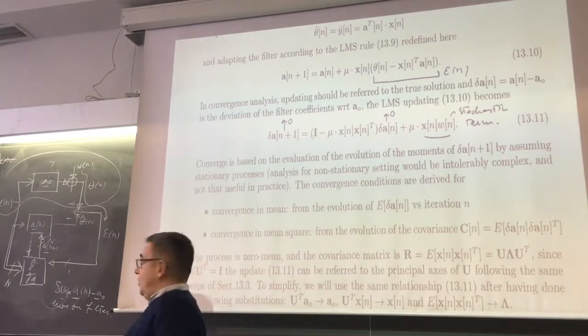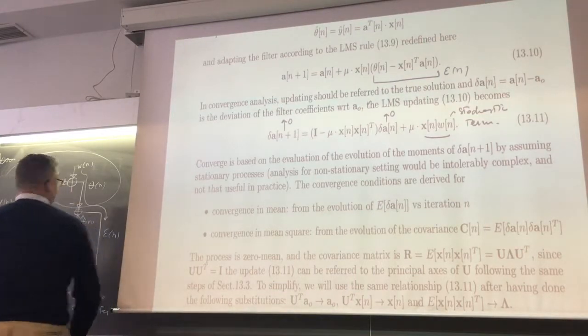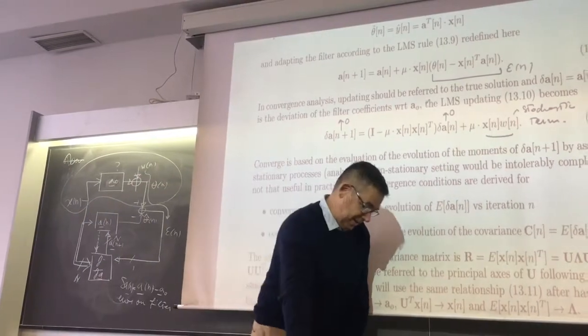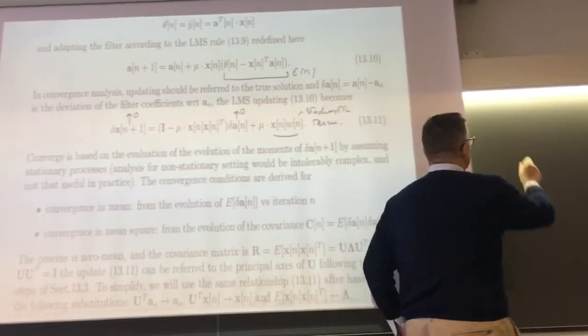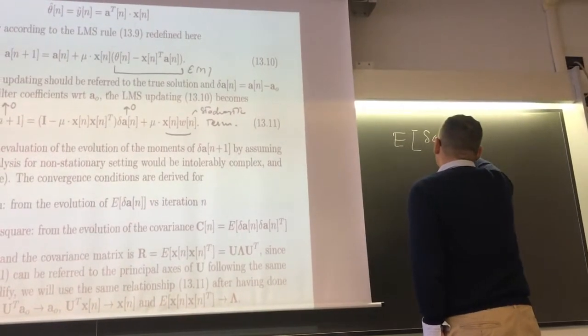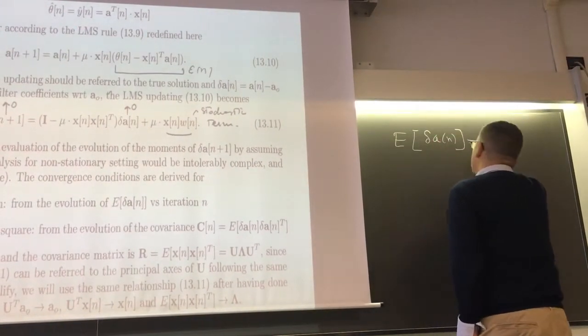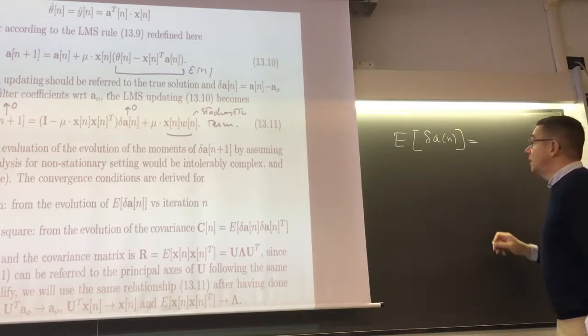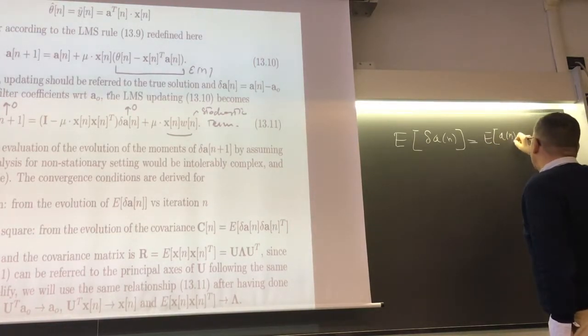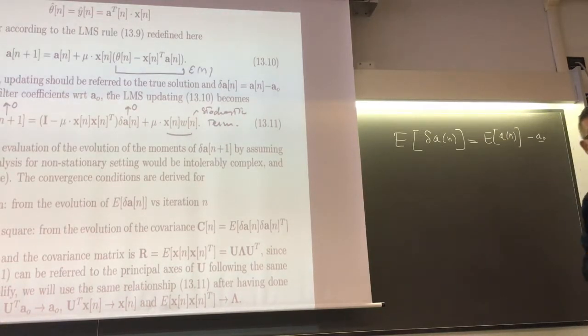So if I calculate the expectation of delta A_n, according to the definition of the expectation, this is the expectation of A_n minus A_0, because A_0 is deterministic.